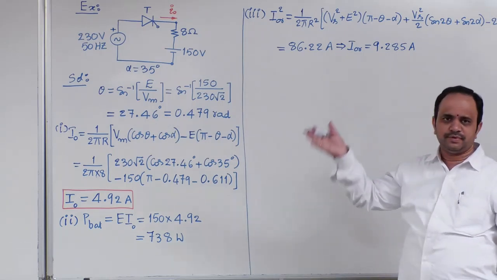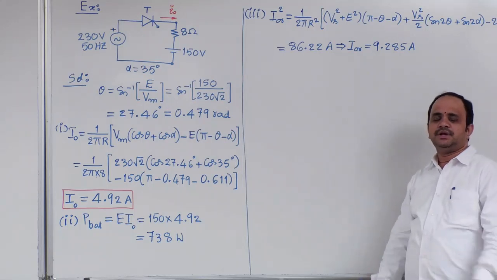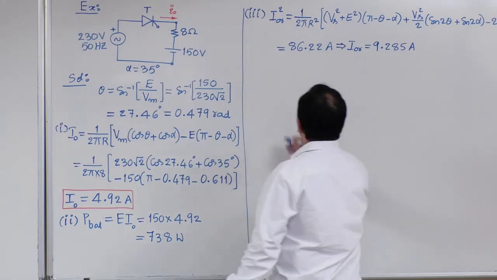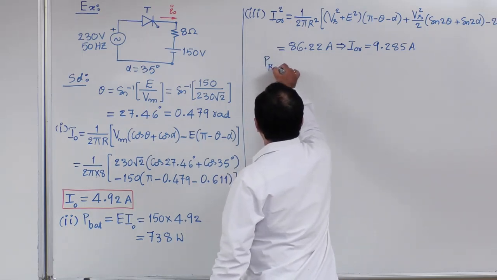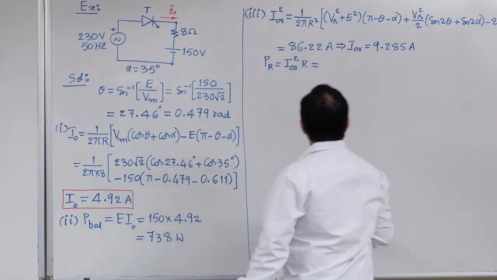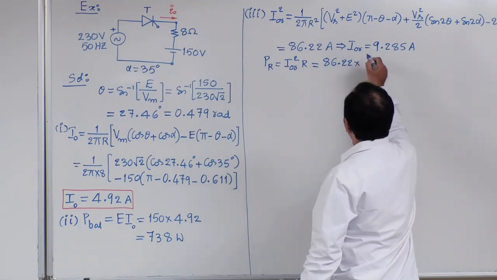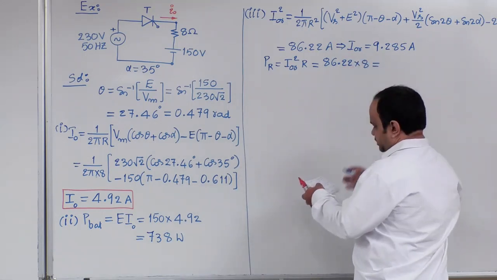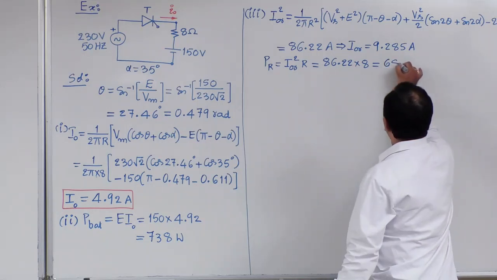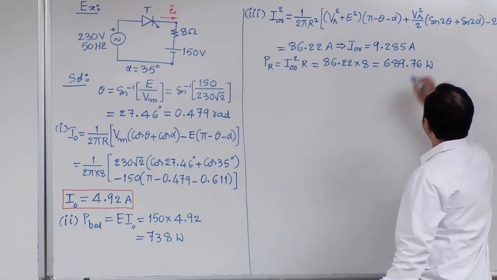Anyhow, if at all this type of question comes in the exam, they will consider a certain range in order not to penalize the round off errors. Therefore, now power dissipated in the resistor: I o R square multiplied with R, 86.22 into 8. This value I got as 689.76 watt.